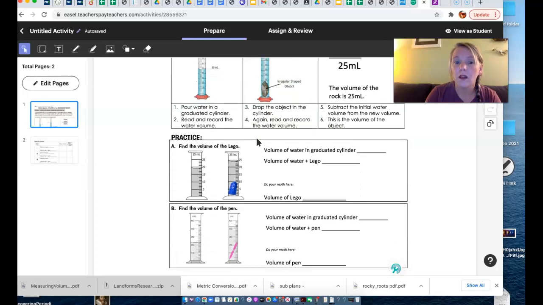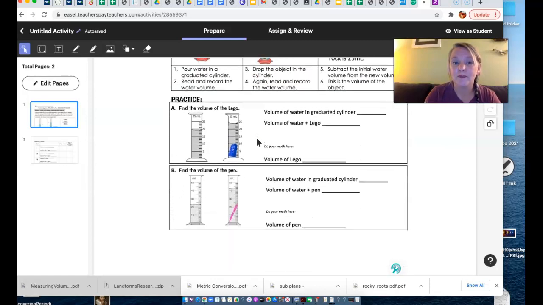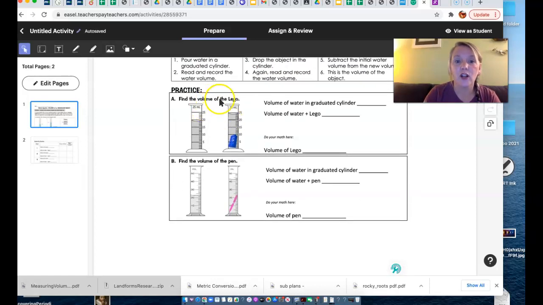Okay, let's practice a couple of these. It says, find the volume of the Lego. Okay, well, we are starting right here with, looks like the sides go up to 20, but we know that we measure from where? Go ahead and sing the song.